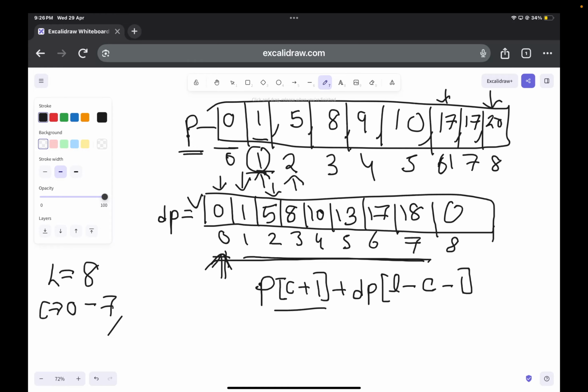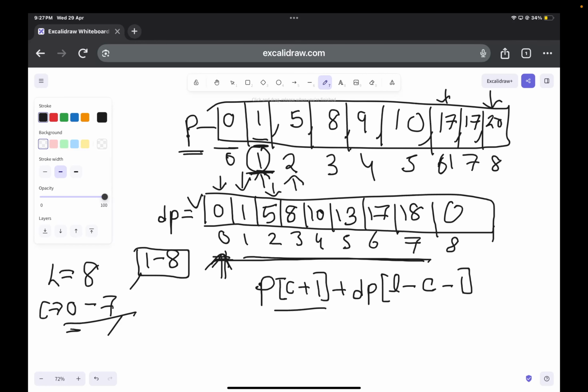When I say 0, it is 0 plus 1, my 1 cut is here, price 1. So basically it is 1 to 8 cut, just because of the index we are doing from 0 to 7. Am I clear?